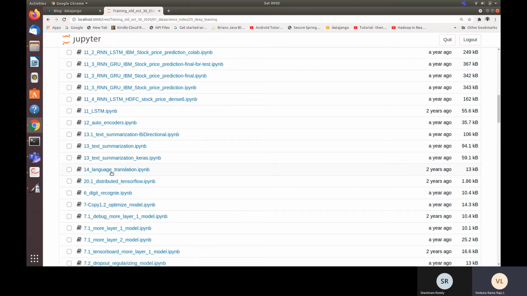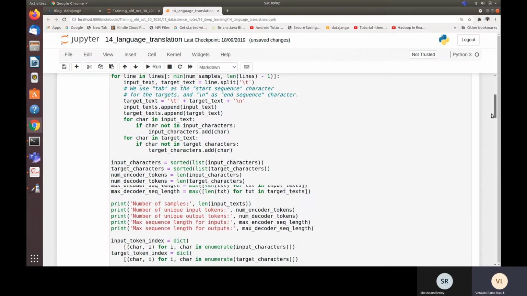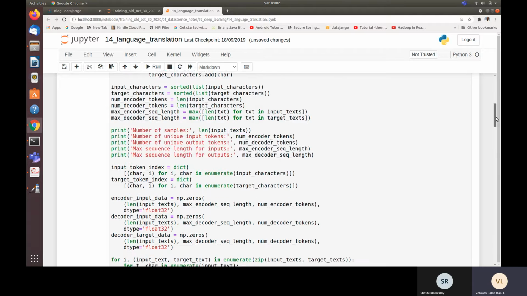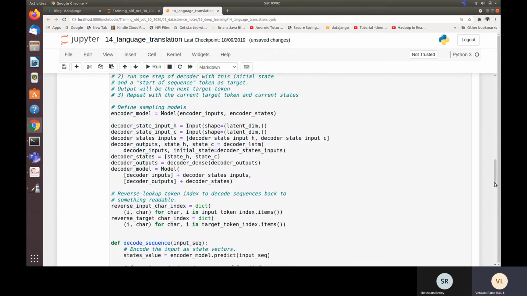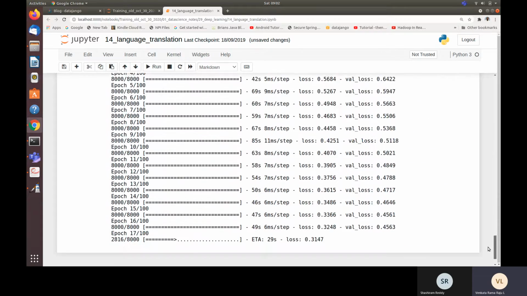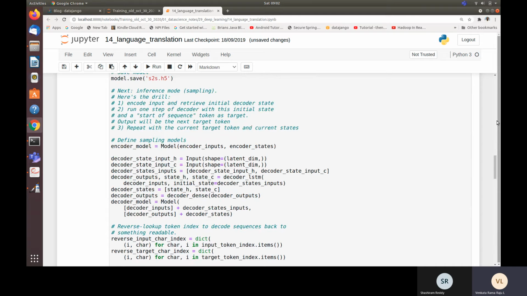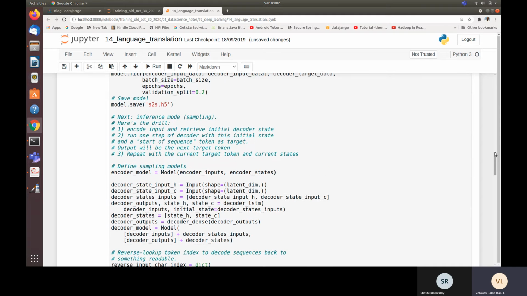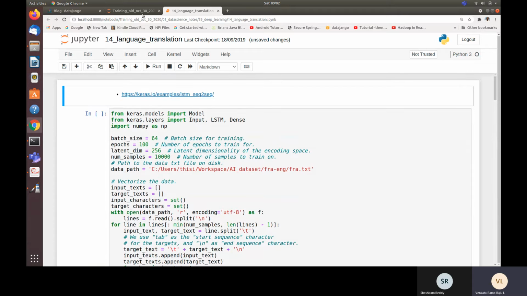Language translation. This is the one. No, not this one.